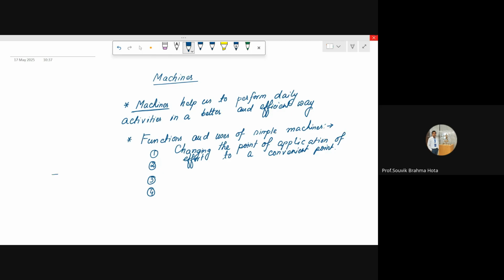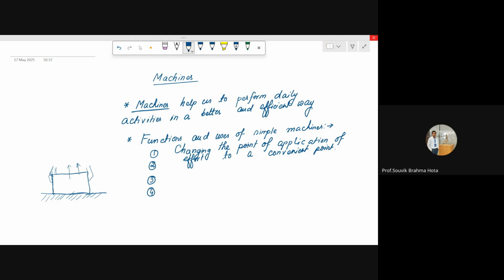Suppose you have a box lying over a surface. If you want to raise this box up, you need to grip it. You keep one hand over here, another hand over here, and then you pull it up.